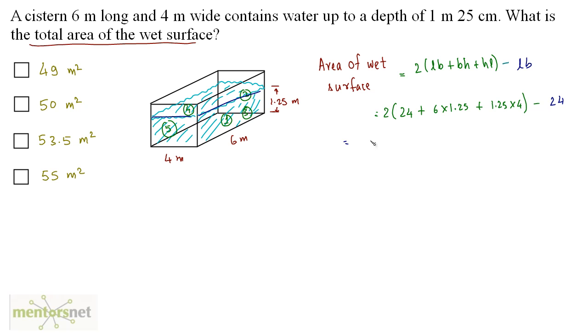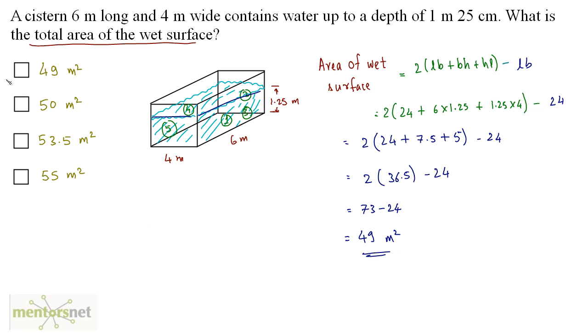Okay, so this is equal to 2 times (24 plus 6 into 1.25 which is 7.5, plus 1.25 into 4, and that is 5), and we have minus 24. This is equal to 2 times the addition of these 3 terms, which is 36.5, minus 24, and 36.5 times 2 will give you 73 minus 24. So 73 minus 24 is equal to 49, and the unit will be meter square, right? So the answer is option A.